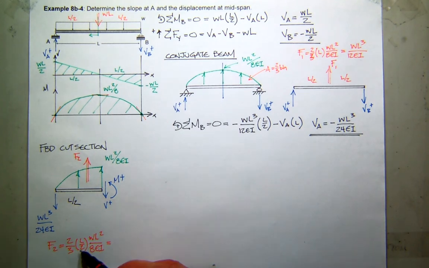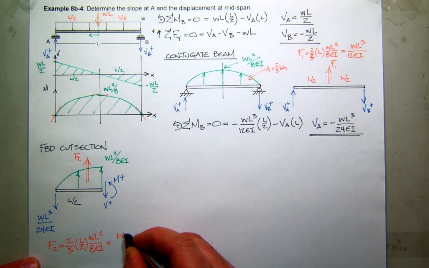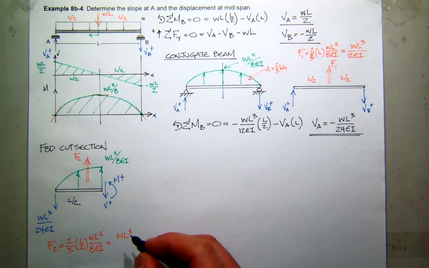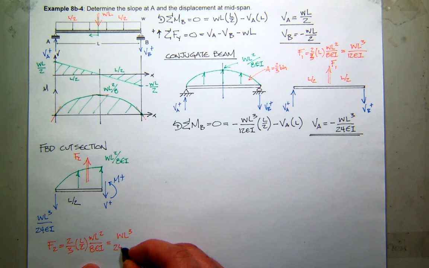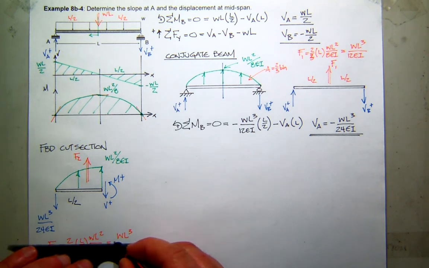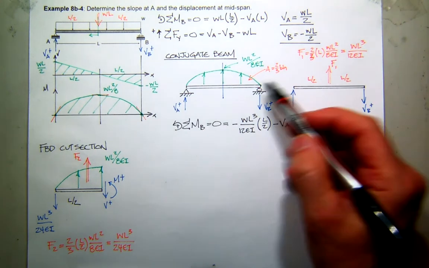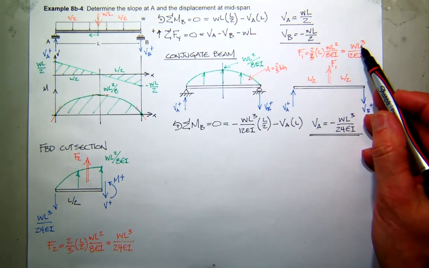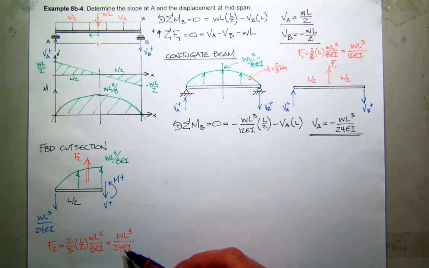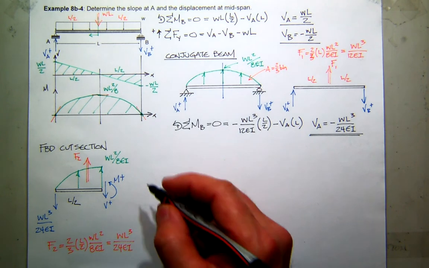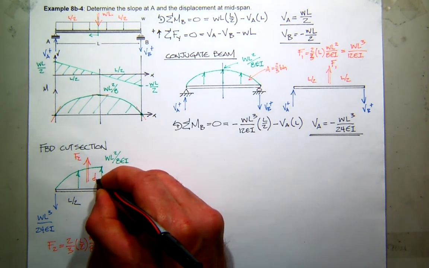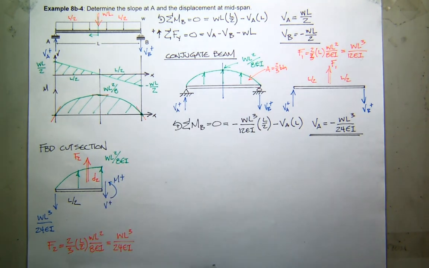Let's see, the 2's cancel, and I get WL cubed over 24EI. And that makes sense, because when I did the whole structure, I got WL cubed over 12EI, so this is half that. That's good. But I don't know this distance off the top of my head. Do any of you guys know that? I don't. So this is where I would have a problem.